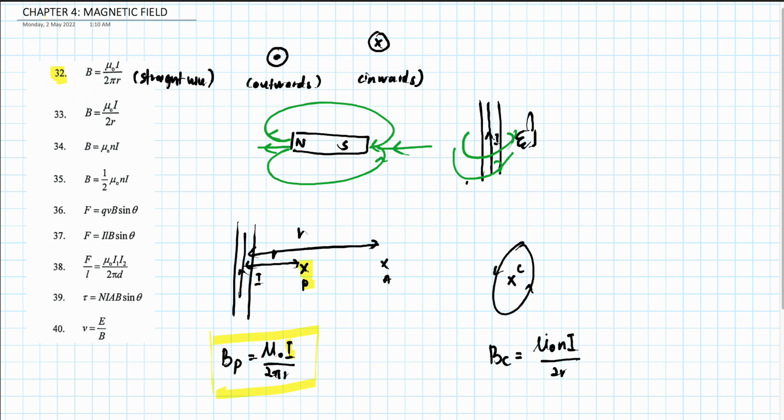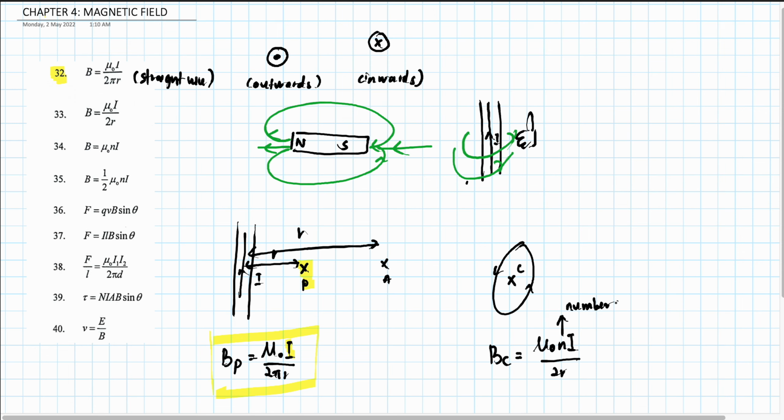Okay, di mana mu naught ni nilai constant, and N ini adalah number of turns. So kadang-kadang coil ini boleh jadi number of turns dia 1, boleh jadi dia adalah 5 number of turns. Cuma kalau soalan tak cakap dia adalah 5 ke apa, kita boleh assume number of turns dia 1. So I ini adalah current flowing in the circular coil. R adalah radius of the circular coil.